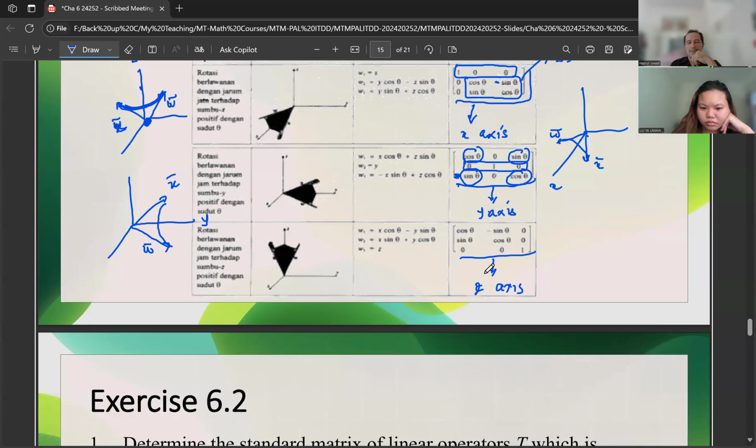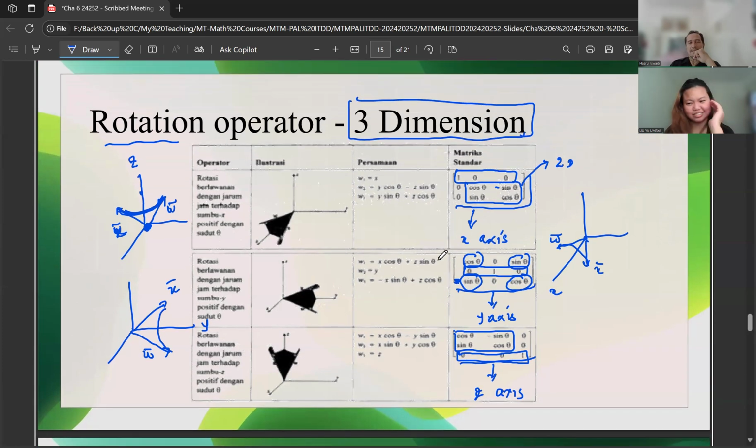Okay. What about rotation about the z-axis? Of course, the third row will be 0, 0, 1, and for X and Y again we use the formulation in two dimensions. Okay, this is the pattern to know the standard matrix of rotation operators in three dimensions.